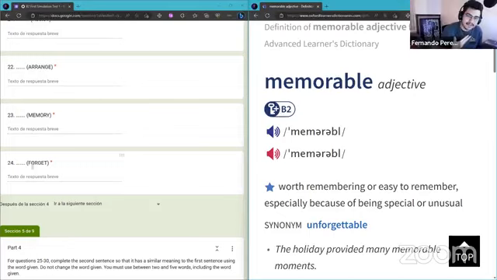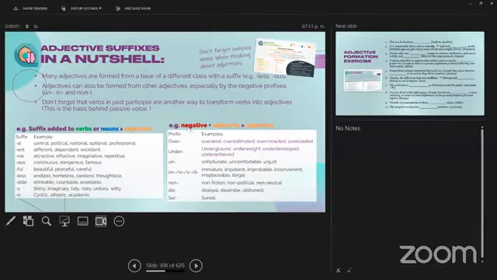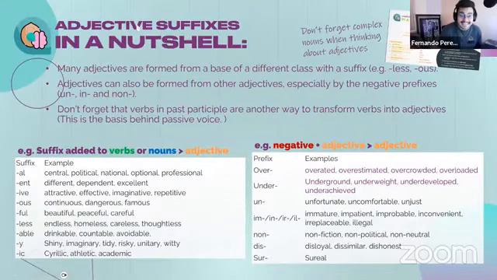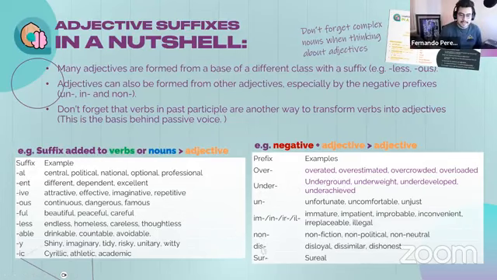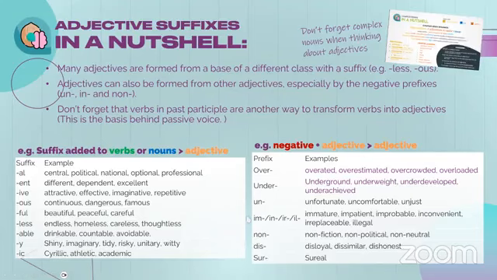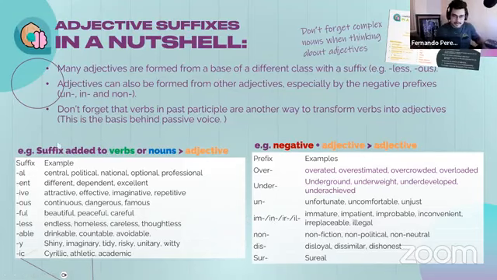Because in the formation of adjectives, we saw it's negative. Exactly. Over, under, on, im, and that's it. All these negatives start with vowels. It's easy. On forget, and then the suffix.